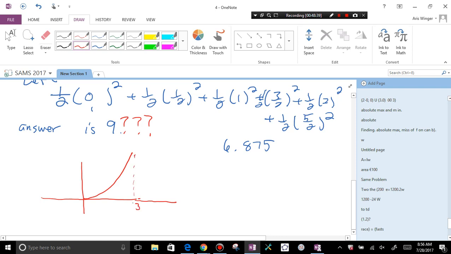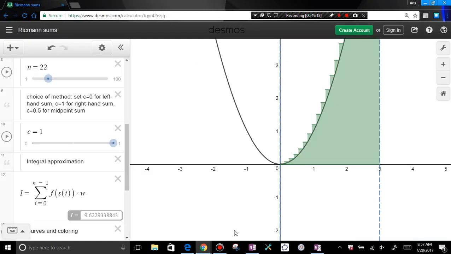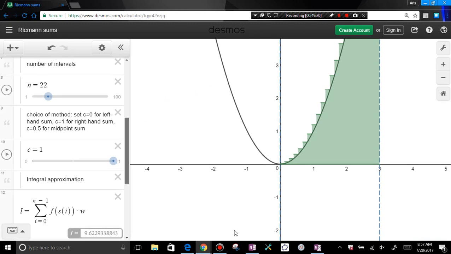When we took 6 rectangles, we got an approximation using the right-hand endpoint method. Now I'm going to take 20. What's nice about continuity is that if you take more rectangles, you'll get a better approximation. The more rectangles you take, the better, so I'm going to take as many as I can. Here, when I take 22 rectangles, right?